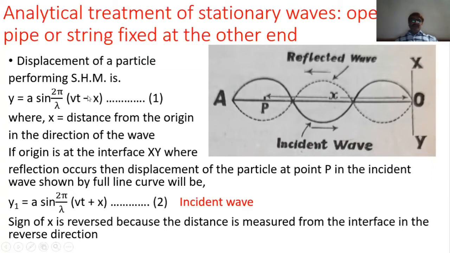We have to simply change the sign of x in the expression of the displacement of the particle at point P. So in this way, the displacement of the particle due to the incident wave at point P, where distance is measured from the origin of interface xy, the expression will be y1 equal to a sine 2 pi by lambda into Vt plus x. So this we consider as an incident wave.